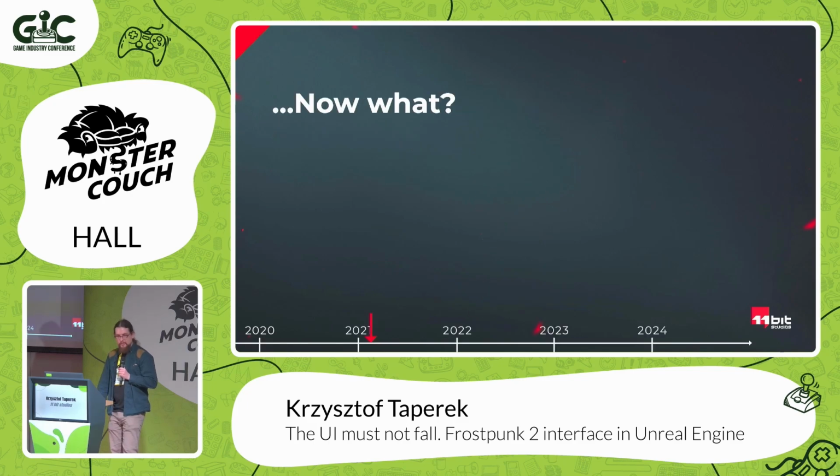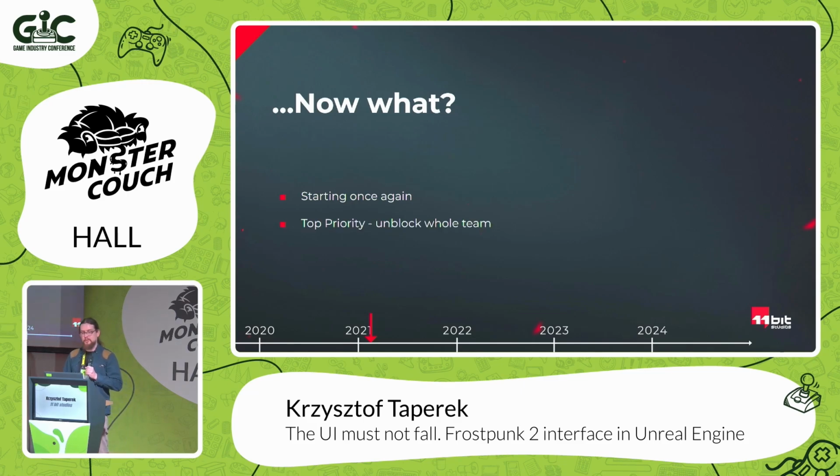So, now what? From the tech perspective, it was starting all over again, everything. And it was quite problematic because the gameplay team advanced with ideas on prototypes in Unity when we were working on Liquid. And the top priority for us was unlocking the whole team.